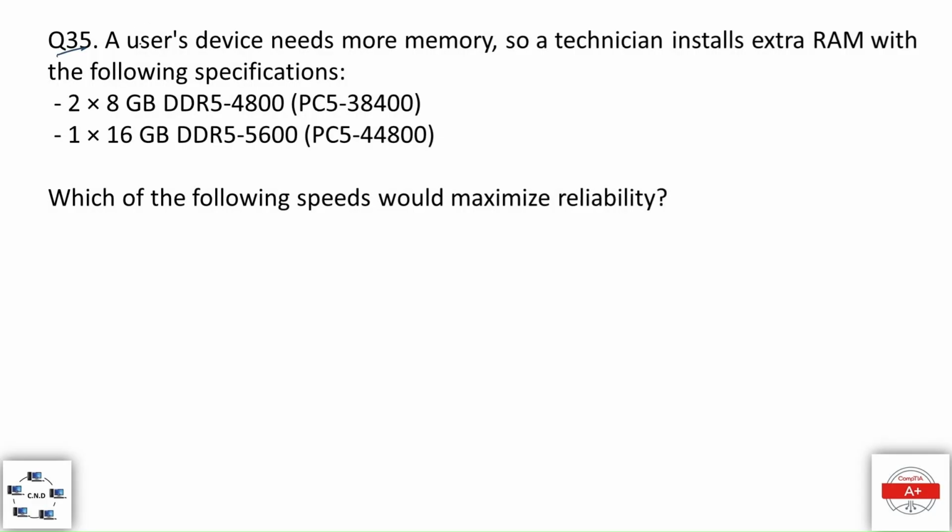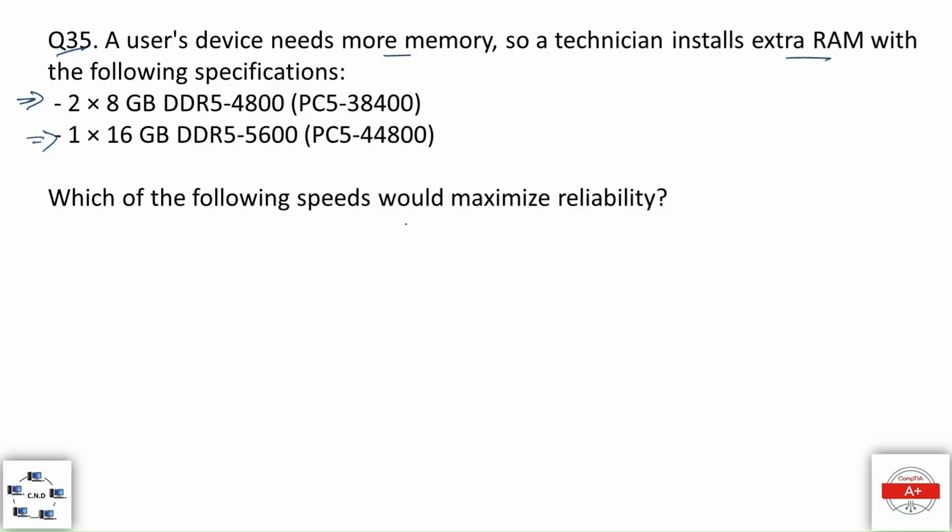Question number 35. A user's device needs more memory, so a technician installs extra RAM with the following specifications. 2 x 8 GB DDR5 4800, that is PC5-38400, and 1 x 16 GB DDR5-5600, PC5-44800.